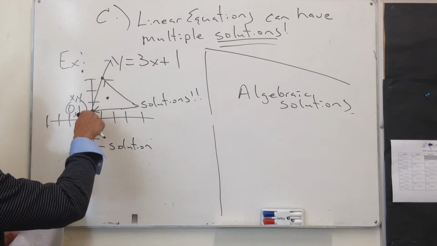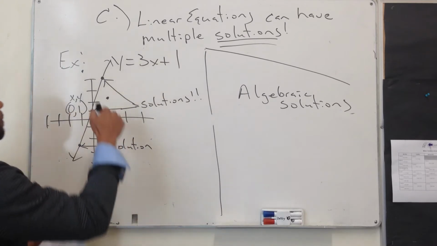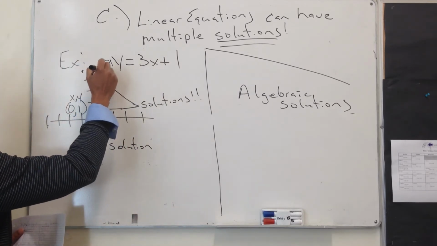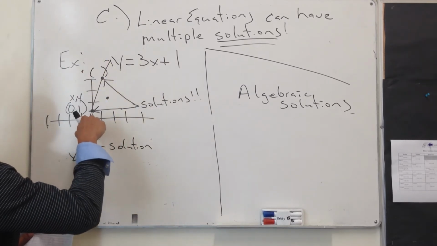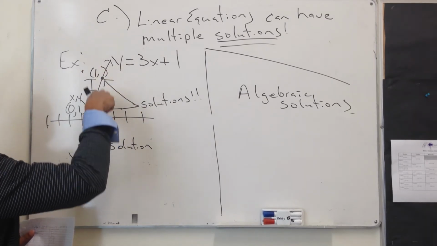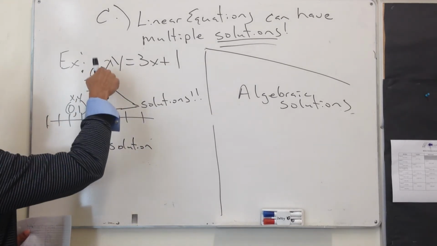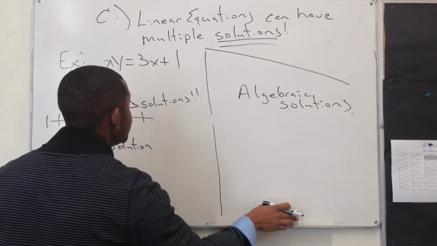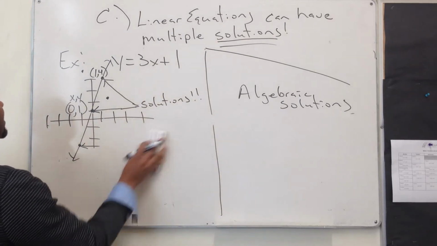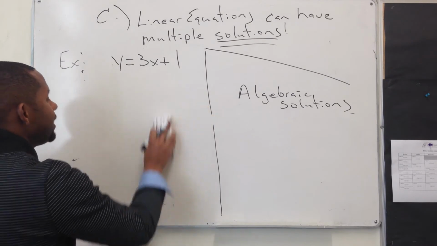That solution, if I plug this information into here, it should work. This point is represented by the ordered pair, x is 1, and I go up 4 on the y. Y is 4. This ordered pair is the solution. So let's see what happens when I plug those points in.